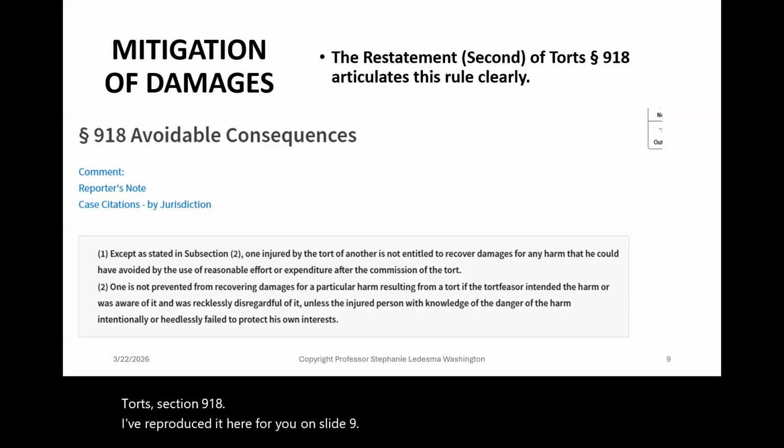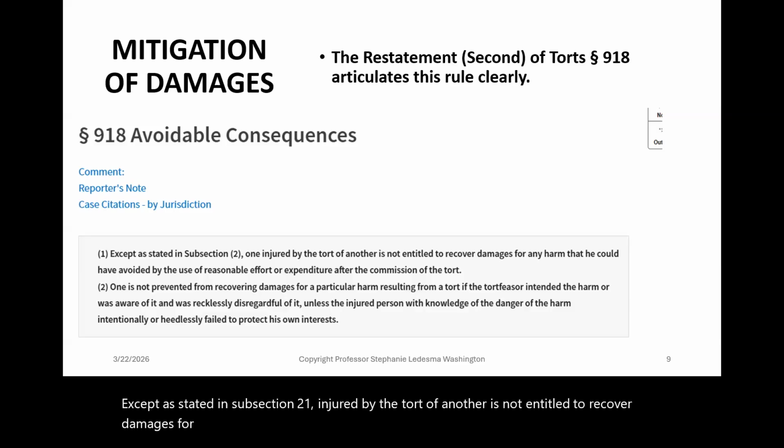And it says specifically, except as stated in subsection 2, one injured by the tort of another is not entitled to recover damages for any harm that he could have avoided by the use of reasonable effort or expenditure after the commission of the tort, right?